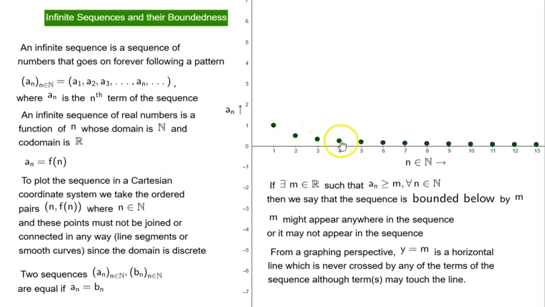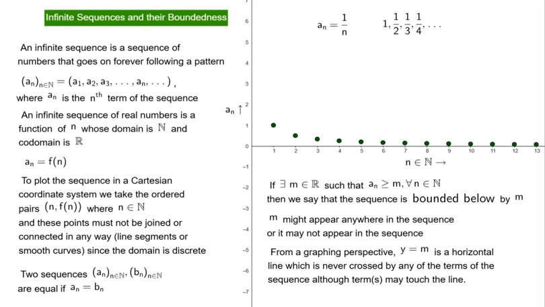Now this is a little bit trickier than that. It's not easy to visualize what the values are of the terms. So the sequence is a sub n equal to 1 by n. When n is 1, a sub n is 1. When it is 2, it is 1 by 2. When it is 3, it is 1 by 3. So the sequence goes like this: 1, 1 by 2, 1 by 3, 1 by 4 and so on.